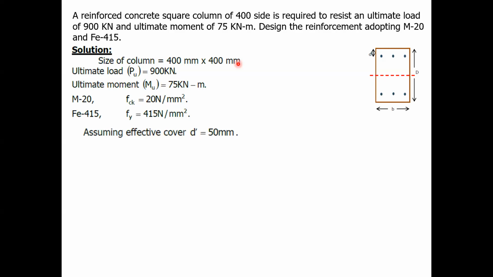Yes, sir. Okay. So d dash by d is not given, right? So I have to calculate d dash by d. As per the code, you have to calculate. I'll show the code, how you have to read the detailing. First, calculate d dash by d. That is 50 divided by the depth, 400.